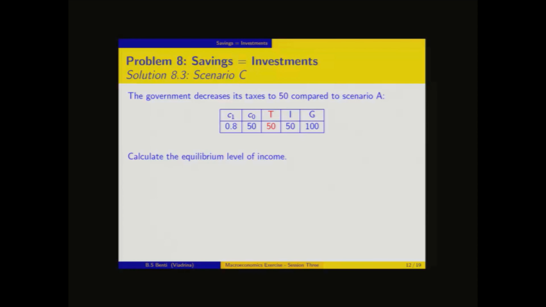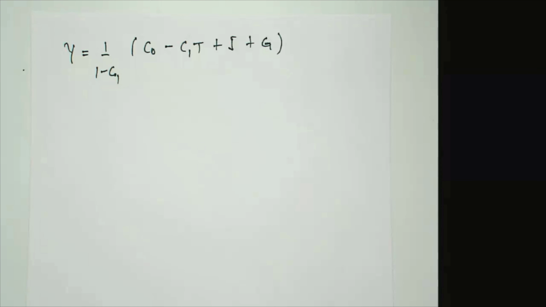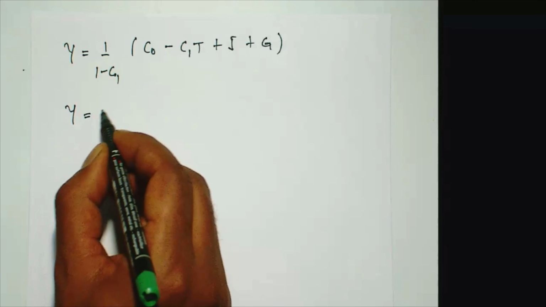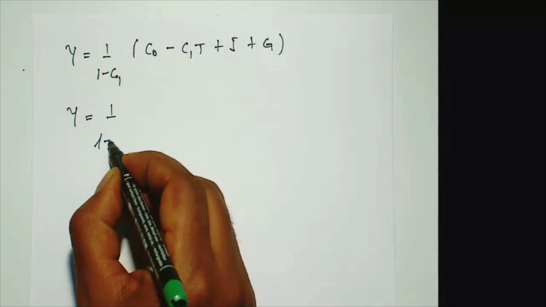Here again we are asked to calculate the equilibrium level of income using the formula that we have already developed in the first scenario. We would just plug in the numbers.